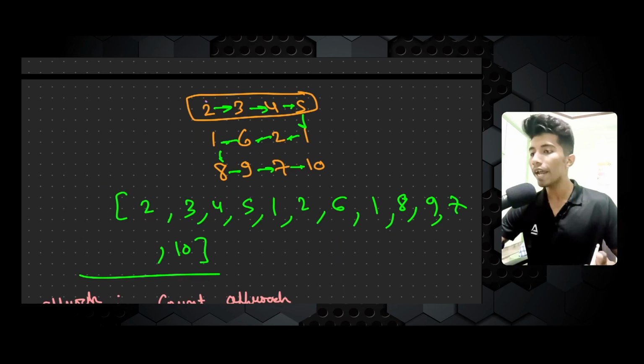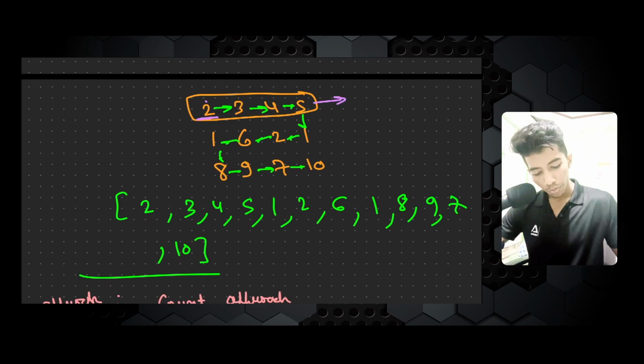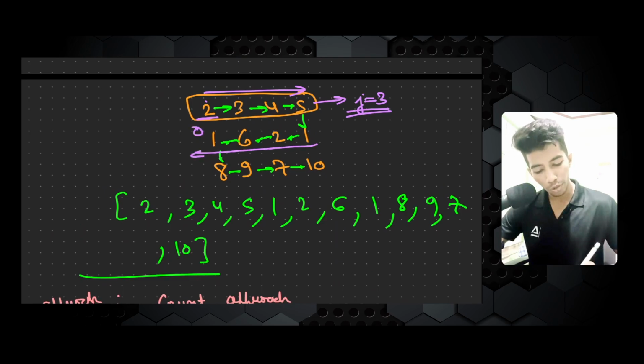So to prevent J from coming here, what I will do is start from here, or let us suppose that the J value here is 3. So now first I will increment the J value, and then I will decrement the J value till 0, and then I will again increment the J value.